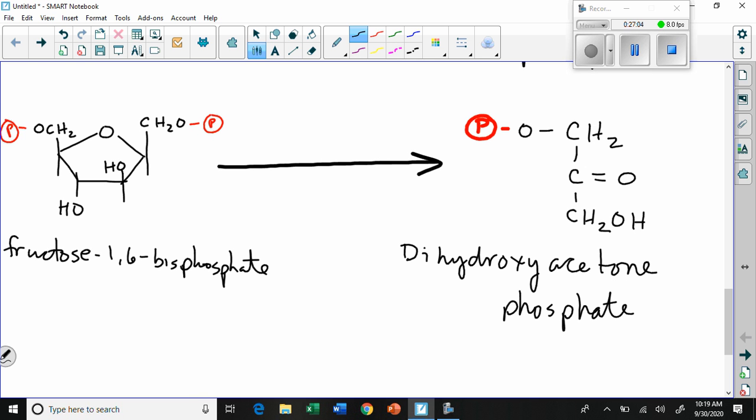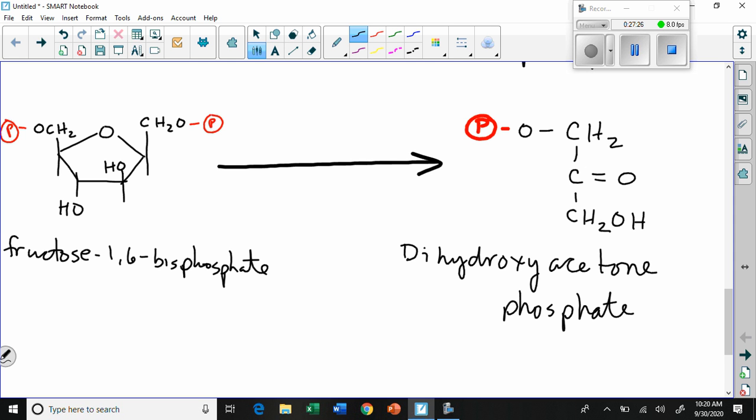Here? Did I put the P in the wrong place? No, you're jumping ahead because you're looking at the other molecule. This is the dihydroxyacetone phosphate, which is sort of the left half of the molecule with one phosphate attached. The other molecule is the glyceraldehyde 3-phosphate, which is one we're going to draw next.